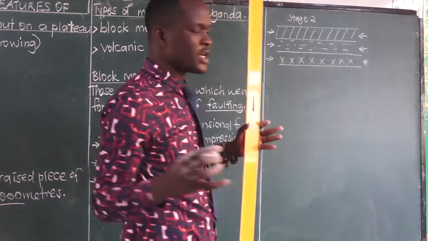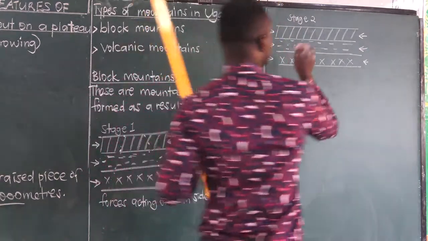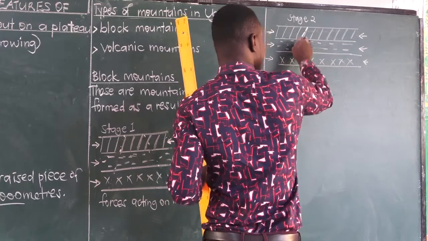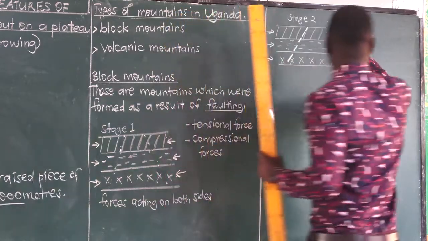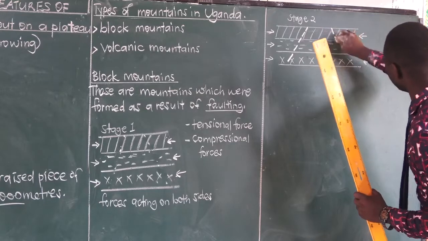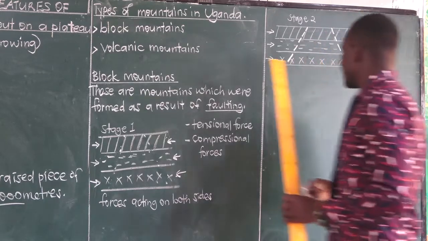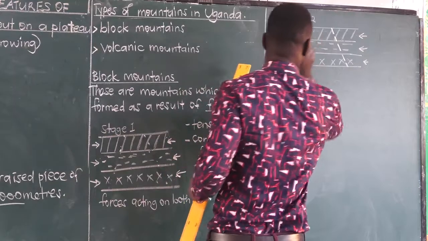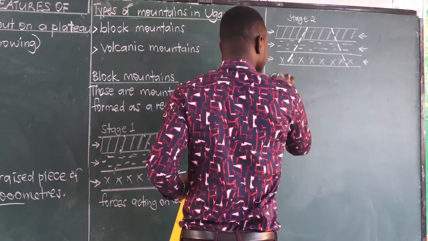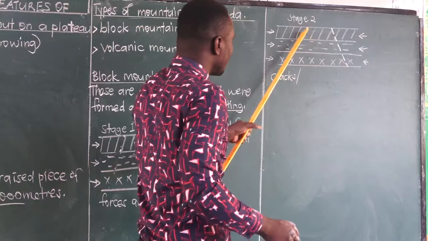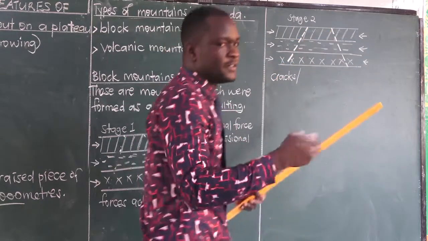Due to the continuous pressure, this earth is going to develop cracks, as we said in the previous one. So we are having cracks developing here. In our writing, we can now describe this by saying cracks, and these cracks here are the ones that we call faults.